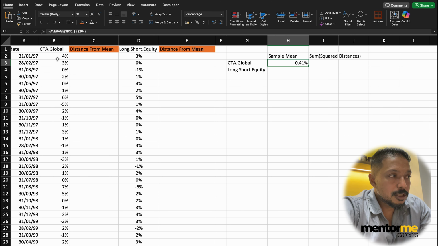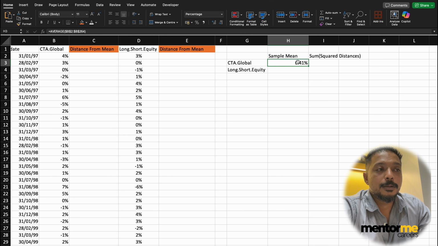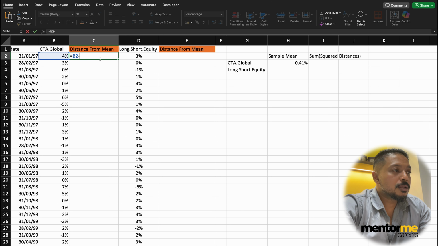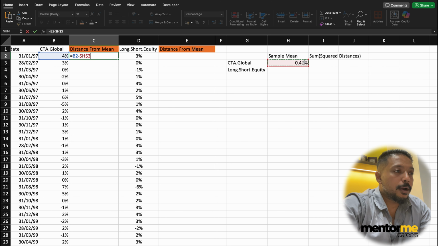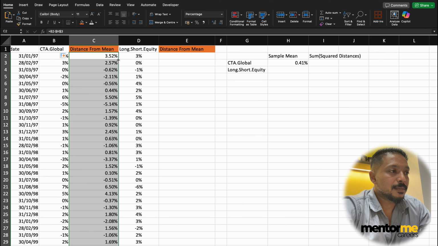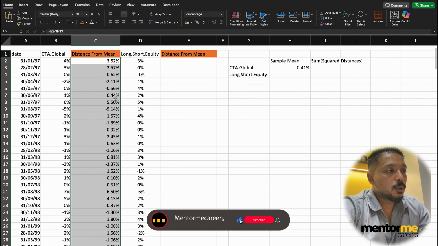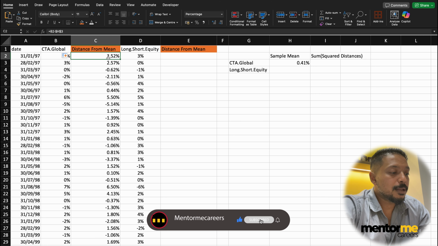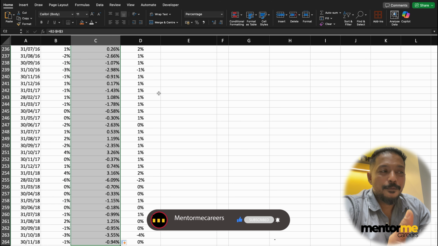Now for each of these entries, what I'm trying to find out is how far it is from 0.41, right? So let's first directly do that. Now you might ask, if I do this for all the entries and take the total, this total would actually come to 0, because negative and positive would cancel each other.